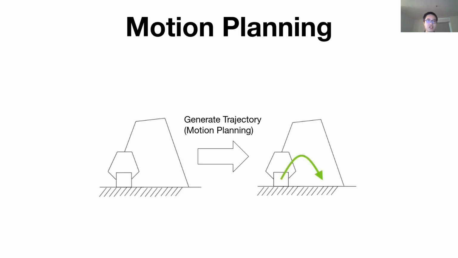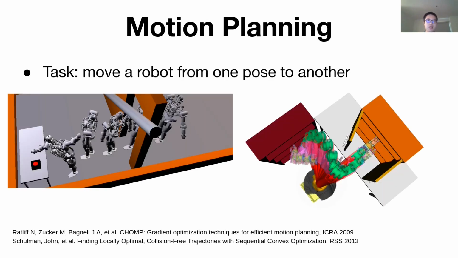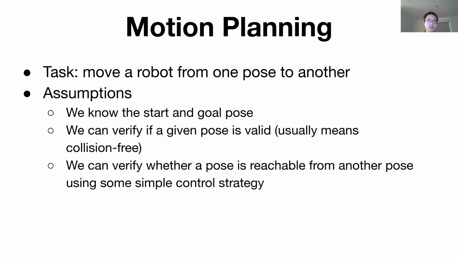Let's first talk about motion planning. Motion planning tries to solve the task of moving robots from one pose to another. In motion planning, we assume that we know the start and the goal of this robot. We also assume that we can verify if a random pose is valid. That usually means collision-free.